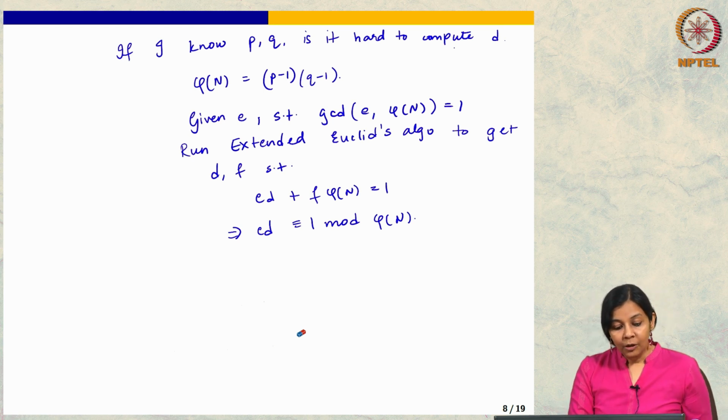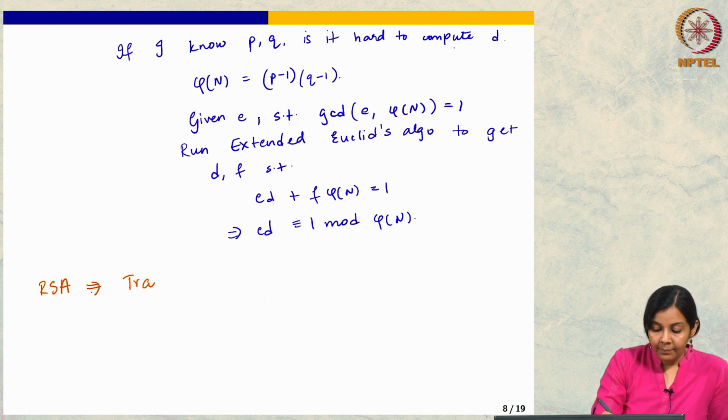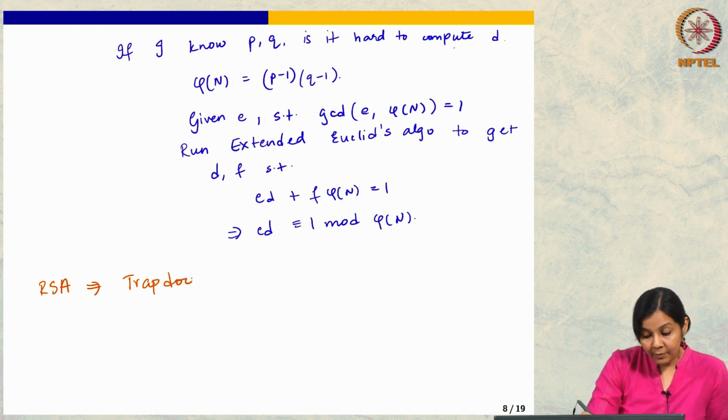Okay, good. So, this is the RSA assumption. Okay, and as a sneak peek, RSA will imply trapdoor permutations.